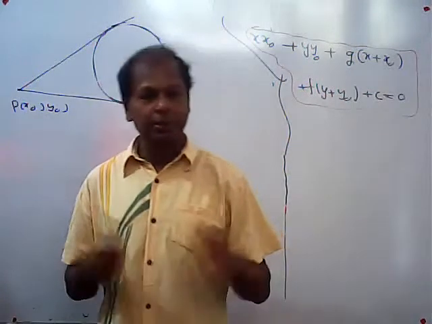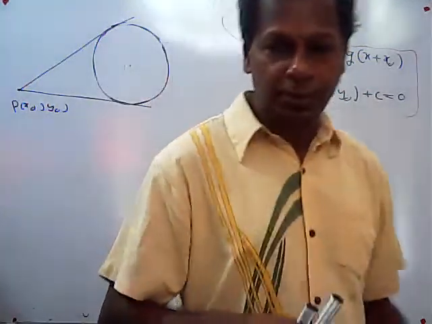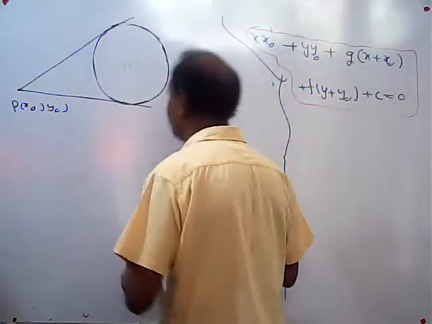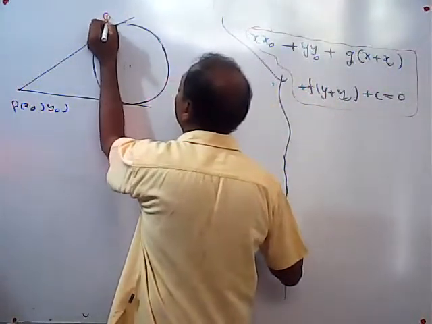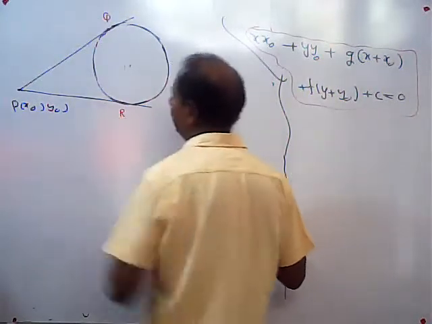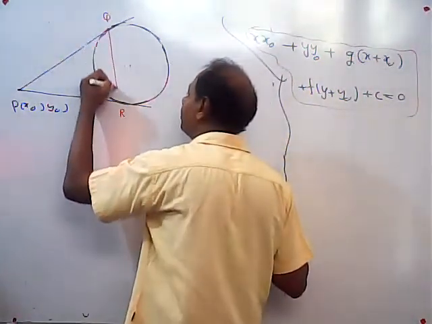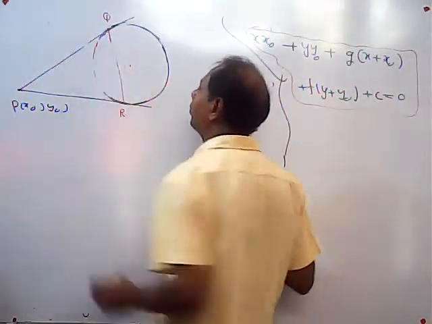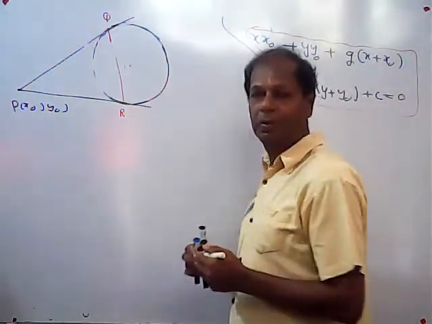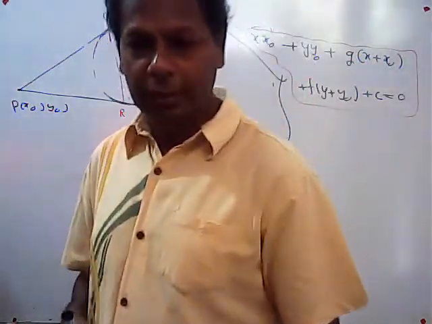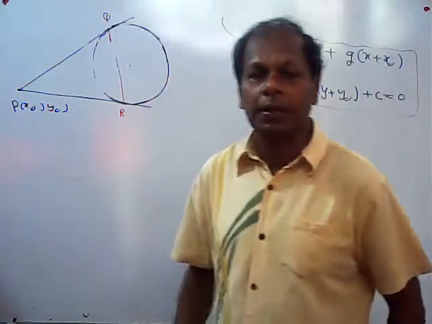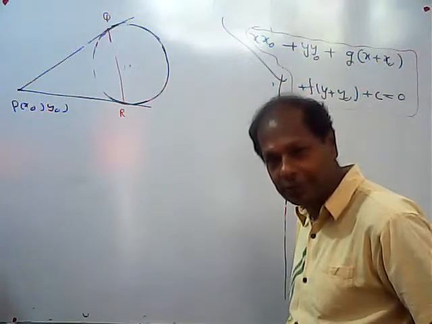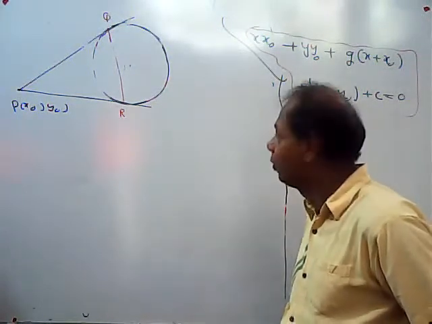Let the points of contact be Q and R, and this is the point of contact. Right? I told you that it's going to be some interesting proof here, interesting logic, right? The way that we do the proof.